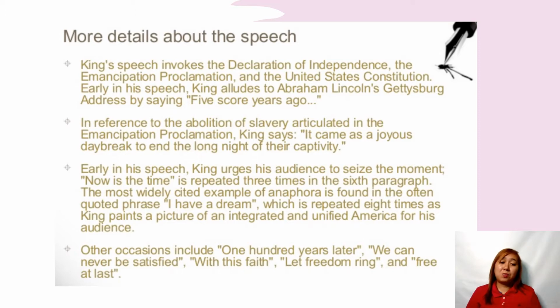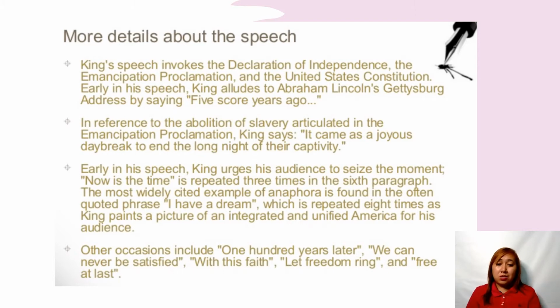Early in his speech, King urges his audience to seize the moment. He said, "Now is the time," repeated 3 times in the 6th paragraph. The most widely cited example of anaphora is found in the often quoted phrase, "I have a dream," which is repeated 8 times as King paints a picture of an integrated and unified America for his audience.